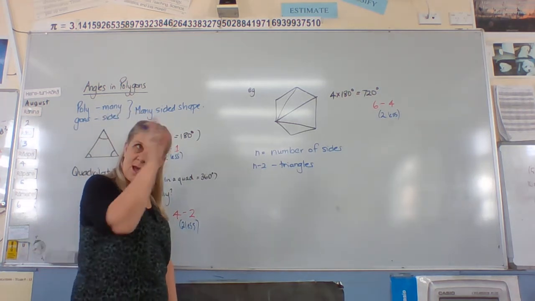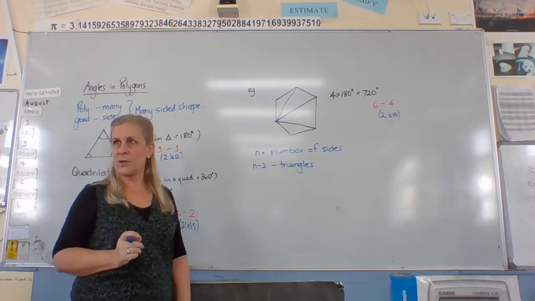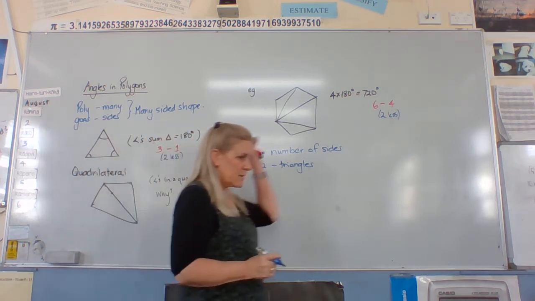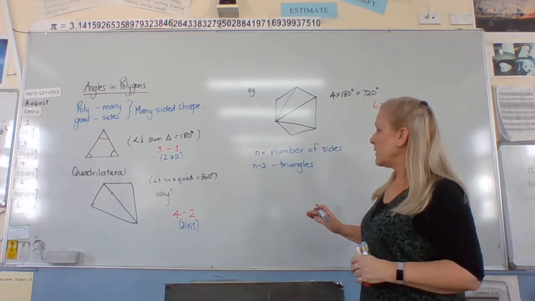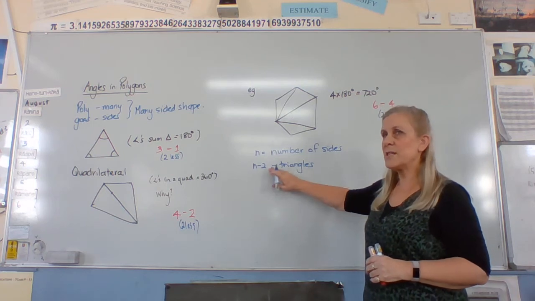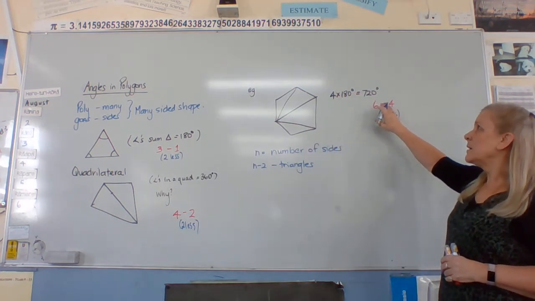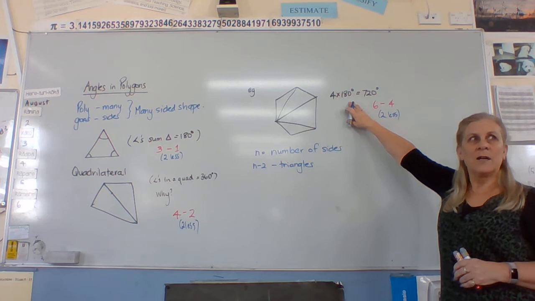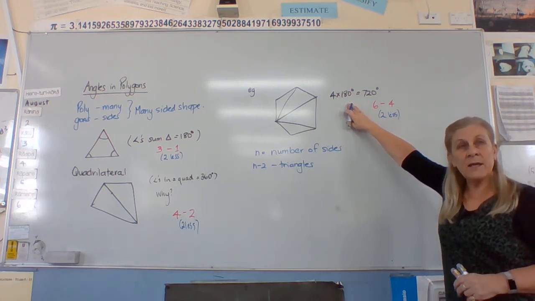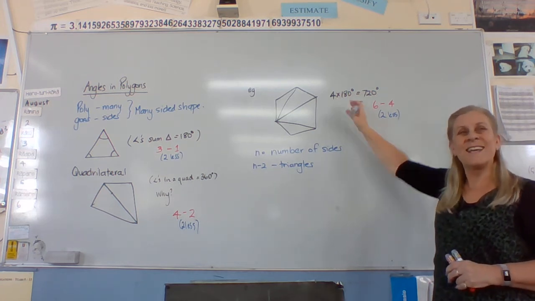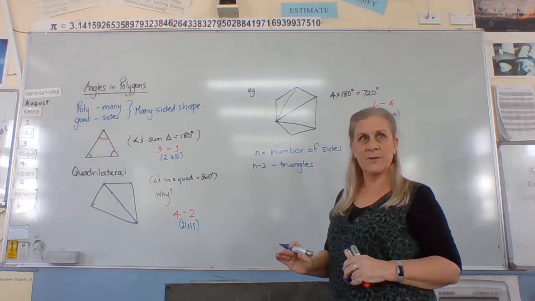And then how do we find out from the triangles what all the angles add up to? What did we do next? We found out how many triangles there were, and then we times by 180, because that's for each of the triangles.